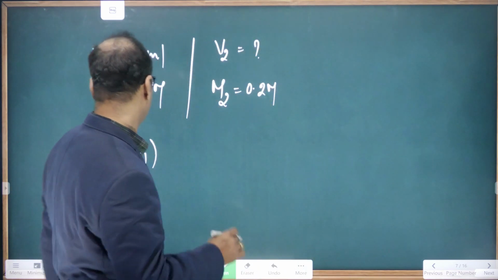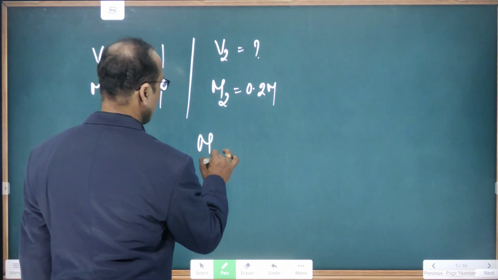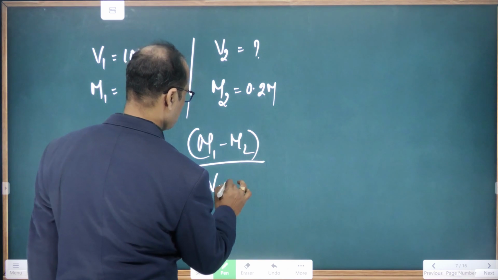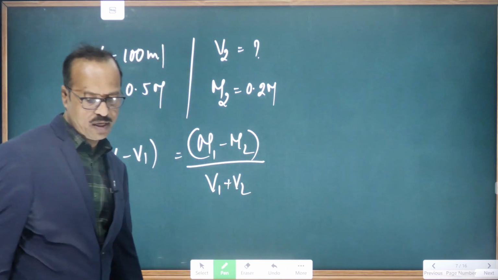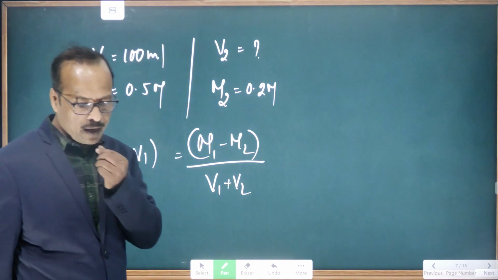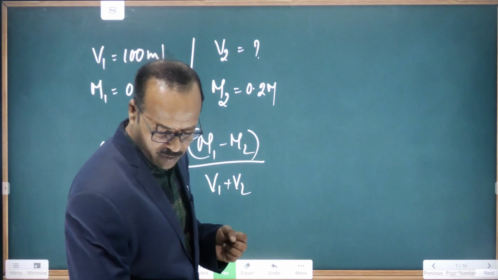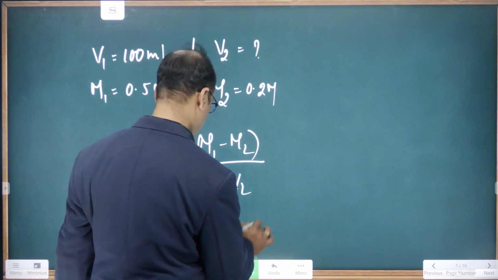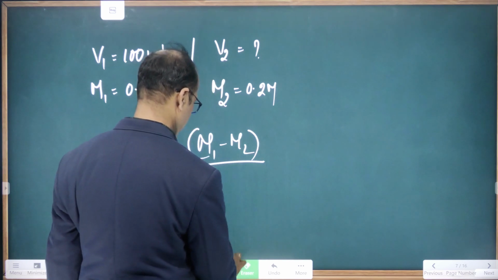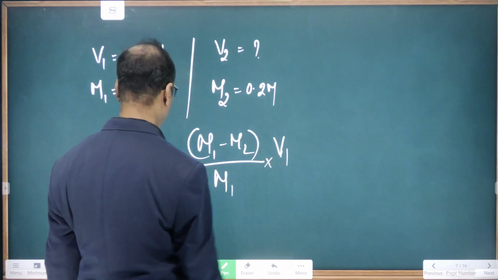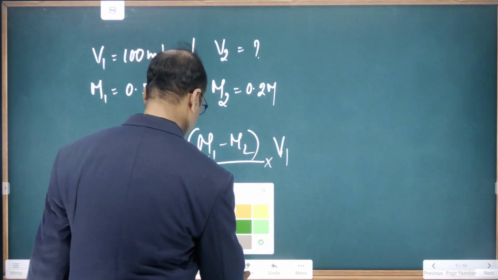Now here V2 minus V1 is equal to (M1 minus M2) by M2 into V1. This is the formula, so this formula we need to use, M1 into V1.